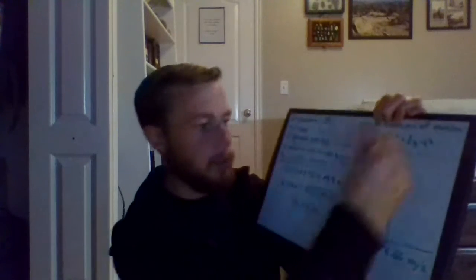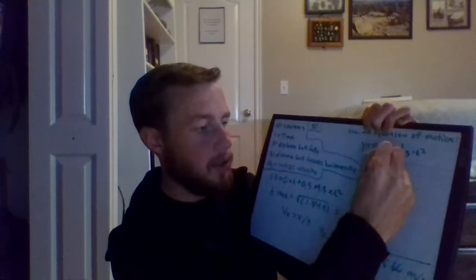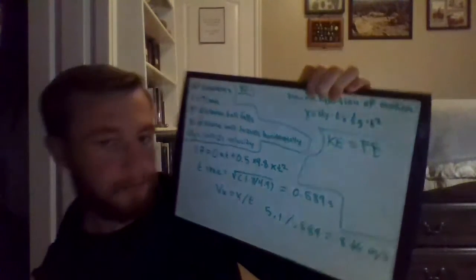So then the kinetic energy is going to equal the potential energy stored in the spring. Let's make a separate section here. So KE is going to equal PE in this scenario.